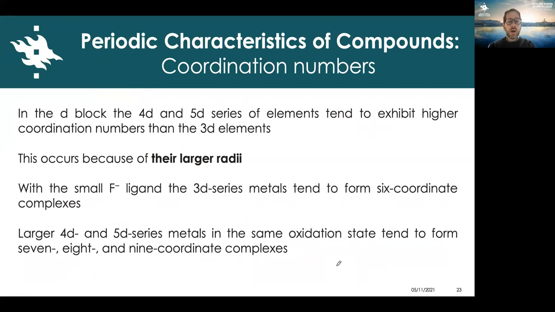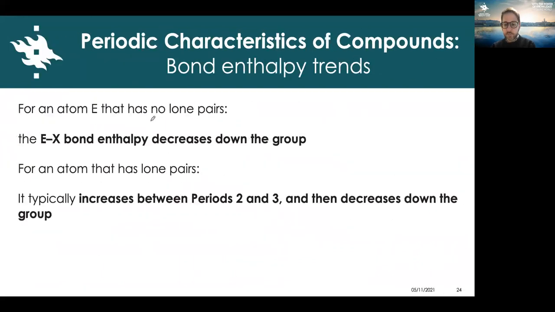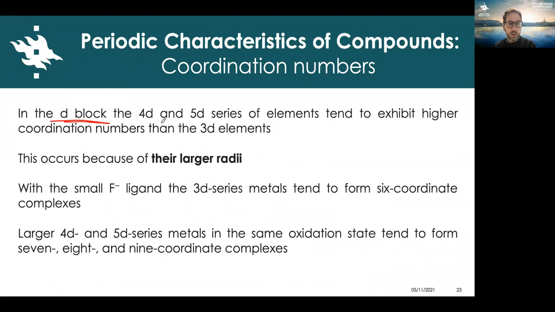All right, but when we go to the D block, we have a similar trend when we go down a group. The elements in the 4D and the 5D series tend to exhibit higher coordination numbers than the elements of the 3D series.